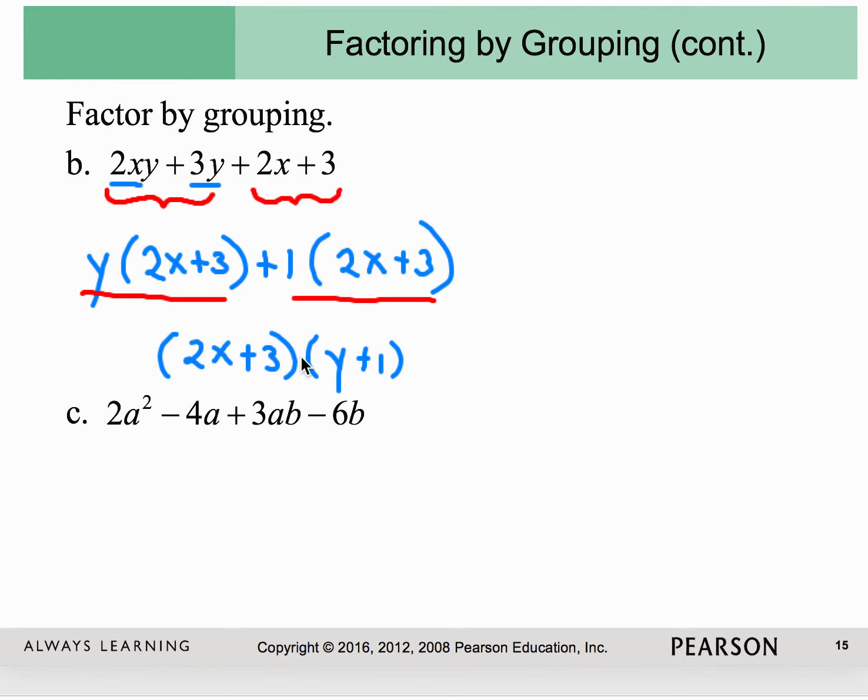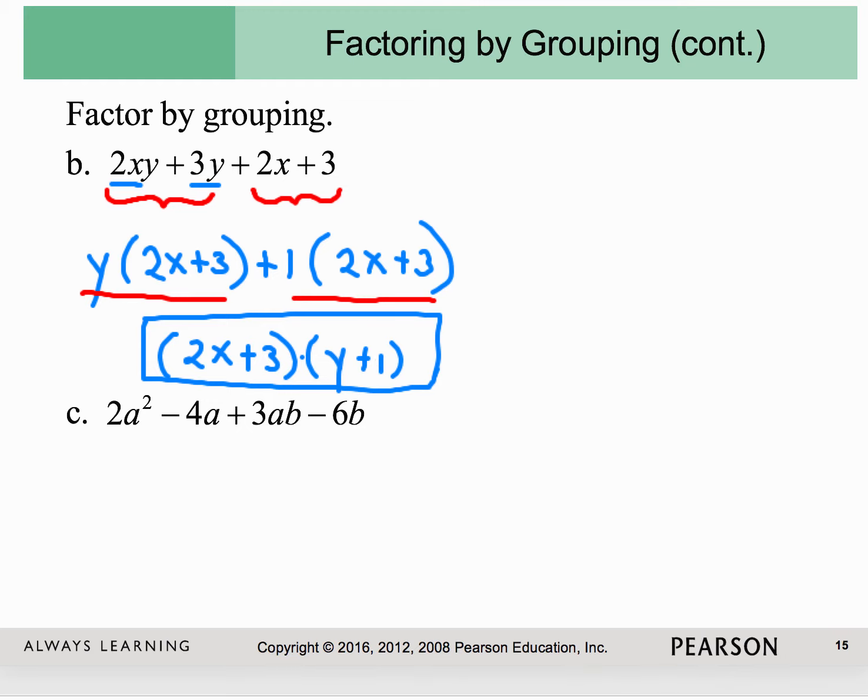And now I have two things being multiplied together and only multiplied together instead of four things being added. So whatever this is being multiplied by this one thing. That's why it's important to keep those parentheses around there. It's saying, hey, this is one thing. 2x plus 3, whatever it is, it's one thing.